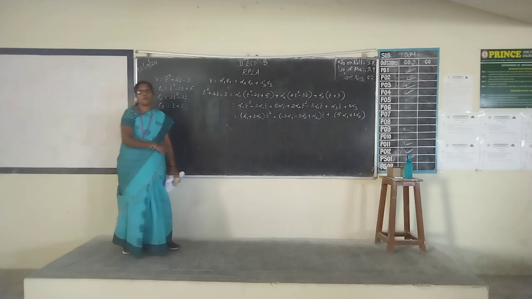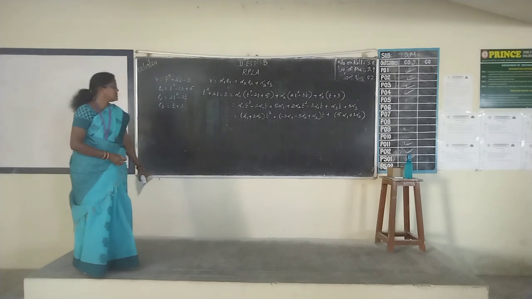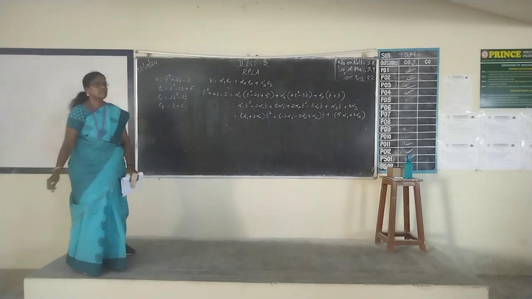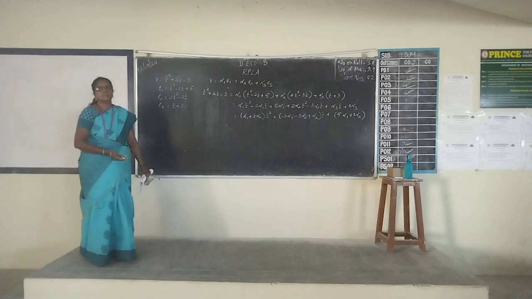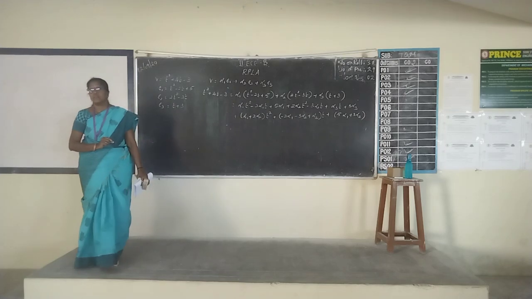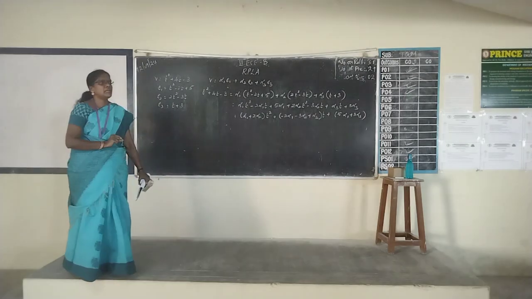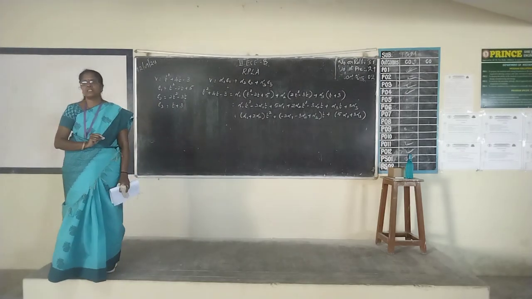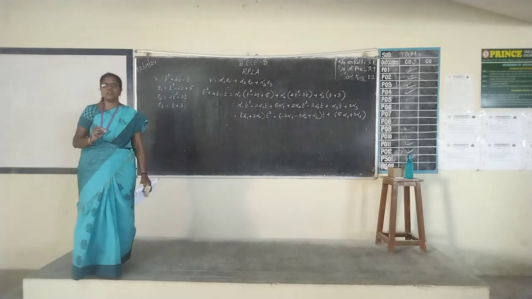Writing it in terms of a polynomial. So when will LHS be equal to RHS? Only if the corresponding coefficients are same. So we are going to equate both the coefficients.